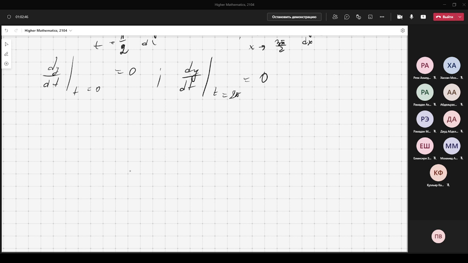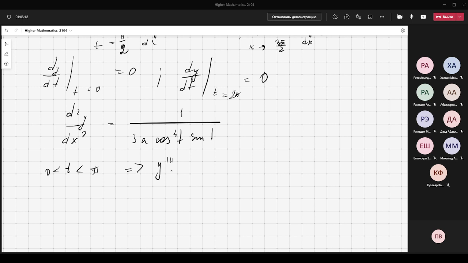We then find the second derivative, which equals 1 over 3a times cosine to the power of 4 of t times sine of t. Whence it follows that for t from 0 to pi, the second derivative y double prime with respect to x is greater than 0, the curve is concave.